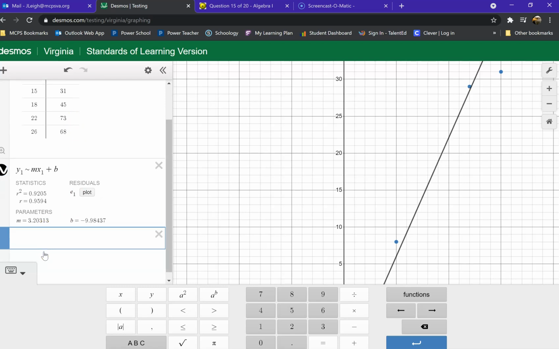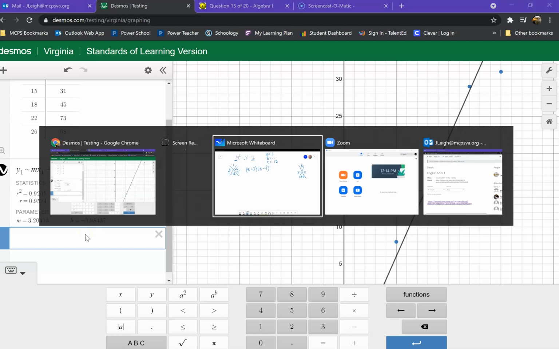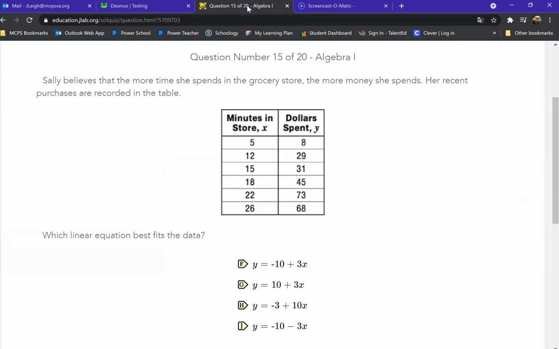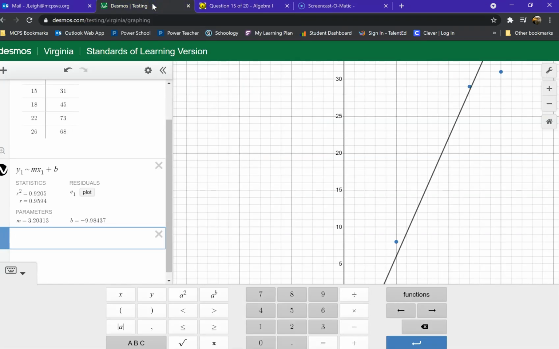So now I'm going to use this information to write my equation. Okay, so we're dealing with whole numbers. So we're going to do y equals mx. 3.2 rounded up would just be 3.